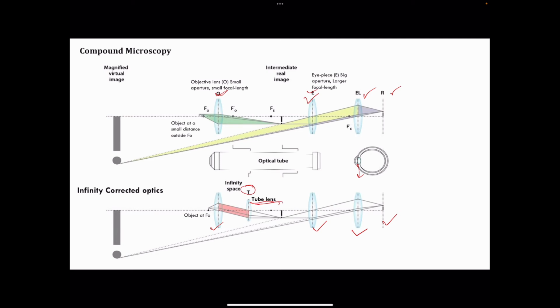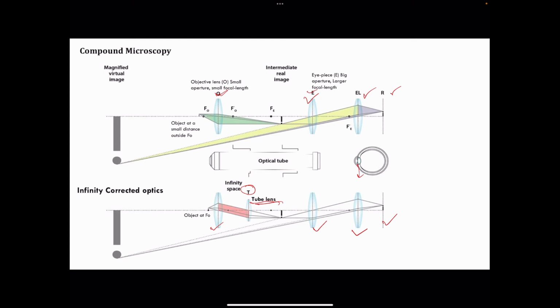It's basically going to lead to infinity corrected optics, which is a necessity in your modern day compound microscopes. After you have noticed the differences between the illustration above and below, the only additional element you can see here is the tube lens. In the modern day compound microscopes, the microscope manufacturers have placed this tube lens in a particular position.